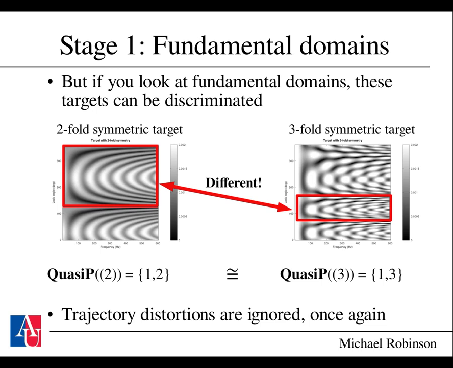So you can compare the target on the level of these fundamental domains using traditional methods, and in fact discriminate the targets. So that's pretty handy. And it's especially handy because the trajectory distortions that wreak havoc on traditional methods are just taken out. You don't have to worry about them anymore. And the traditional methods will happily run on them now that they've been effectively compensated for.